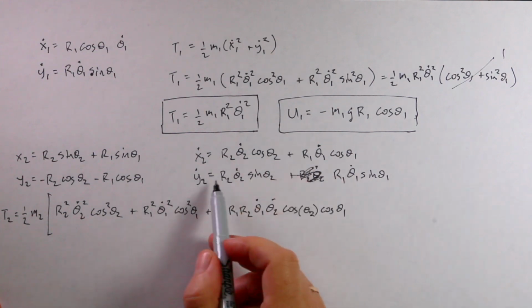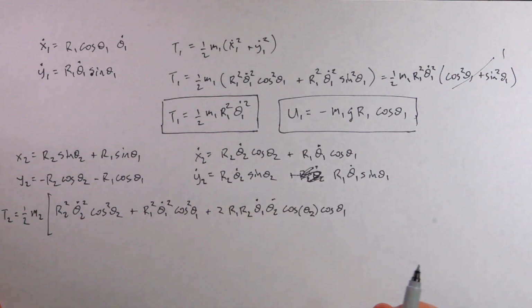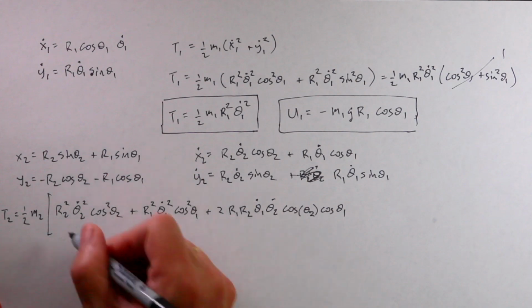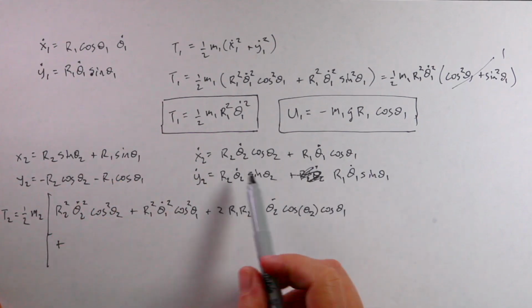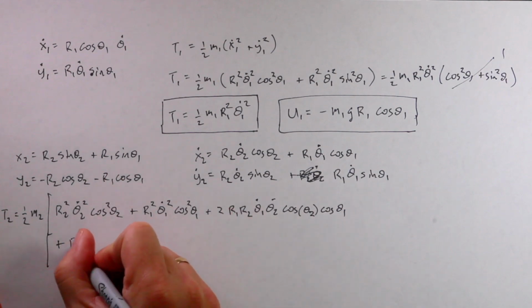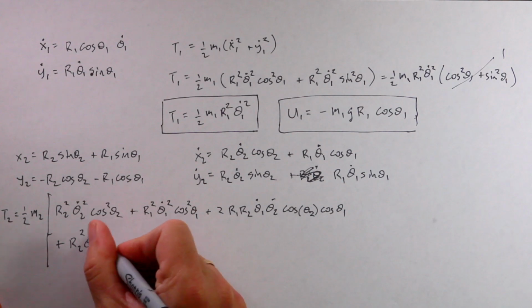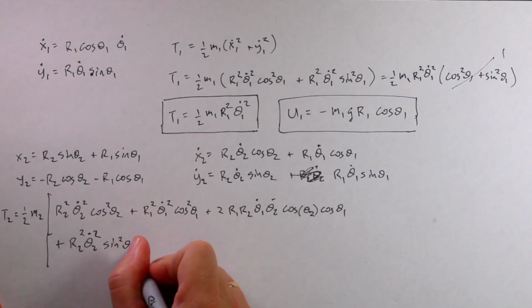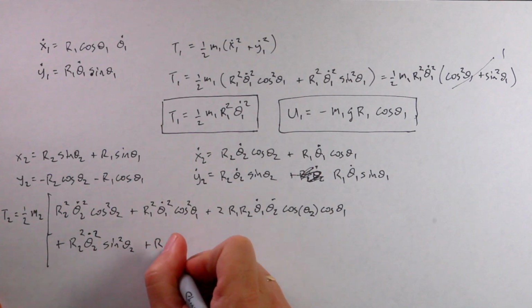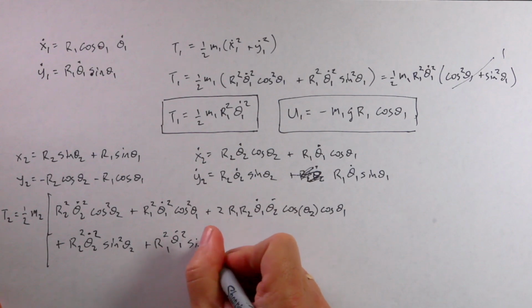Now I need to do this term squared, which I'm going to run out of room, so I'm going to put it down here. I'm thinking ahead. So plus this squared, R2 squared, theta 2 dot squared, sine squared theta 2, plus R1 squared, theta 1 dot squared, sine squared theta 1.